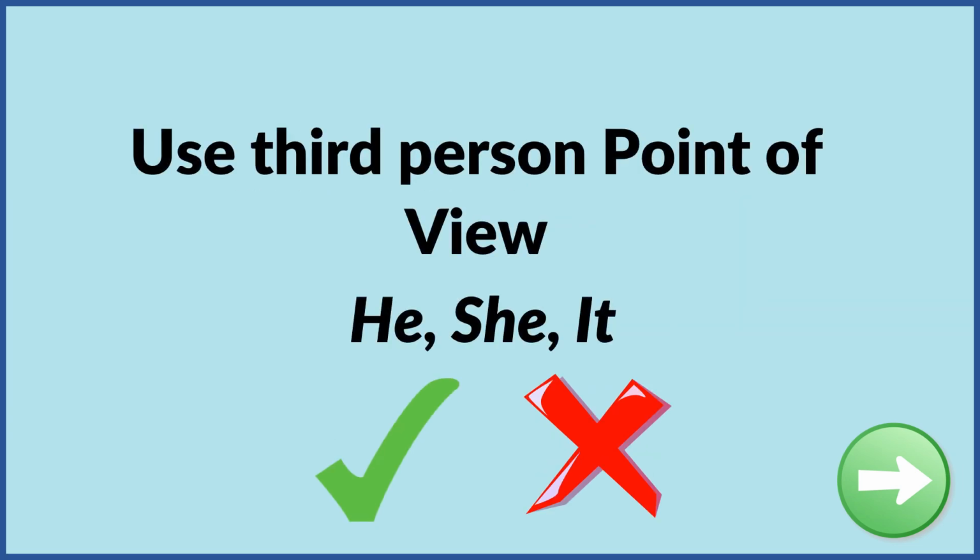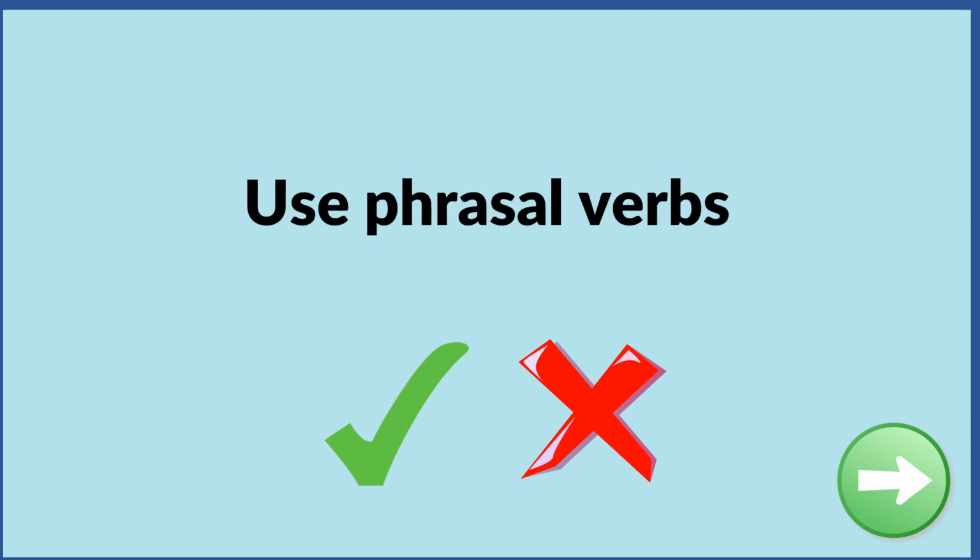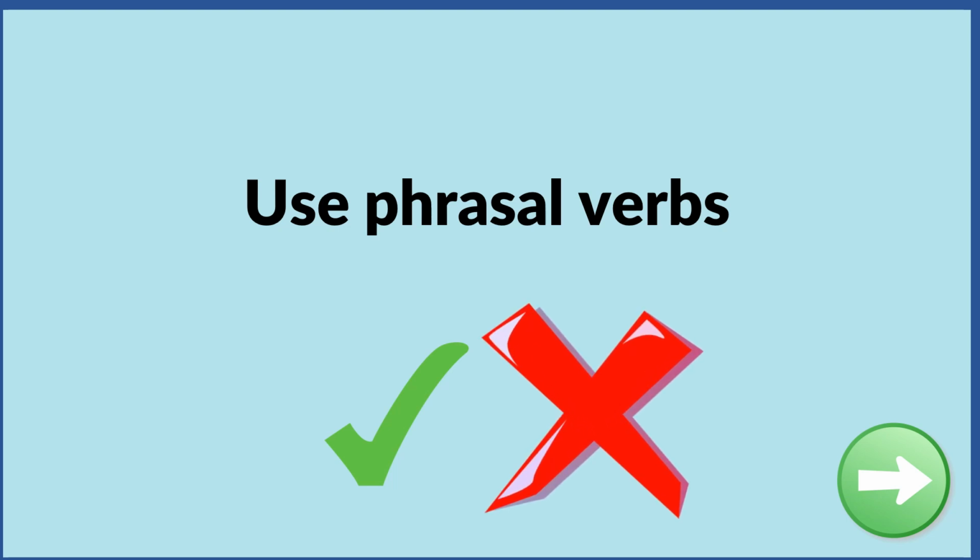Use third-person point of view like he, she, and it. Check or X? That's right, it's check. Use phrasal verbs. Check or X? Correct, it's X.